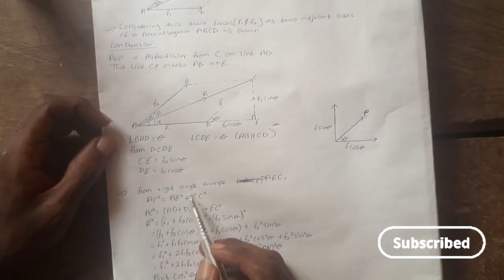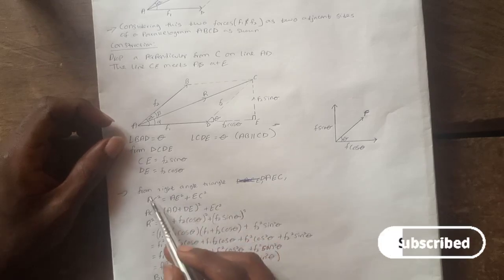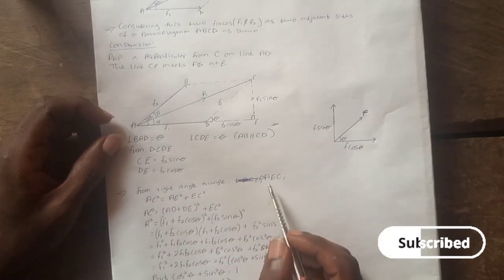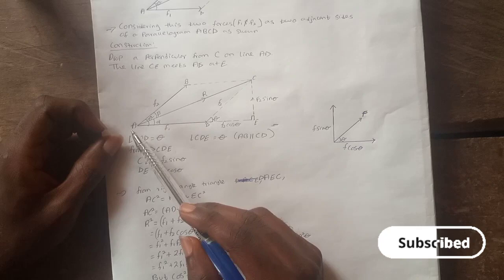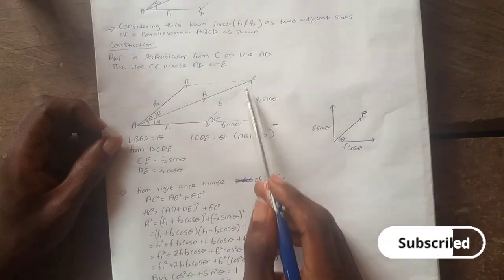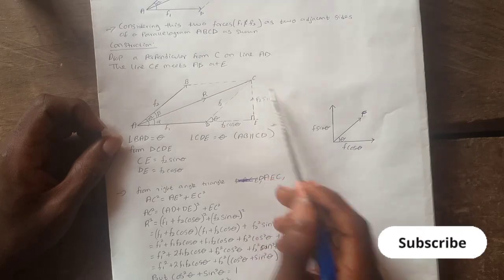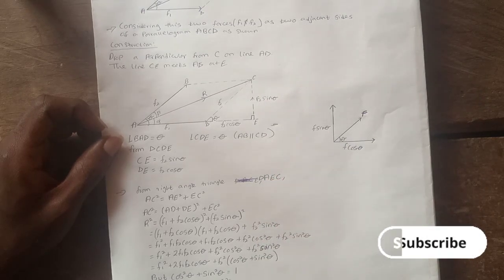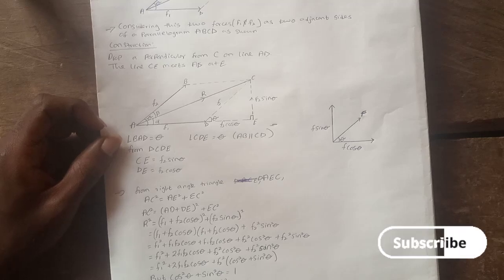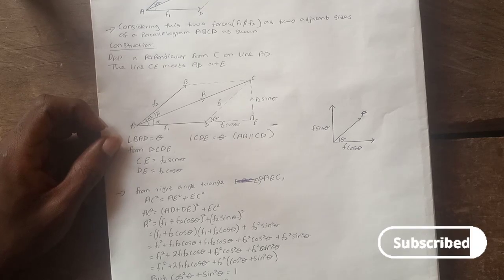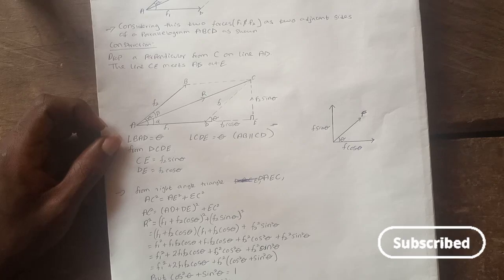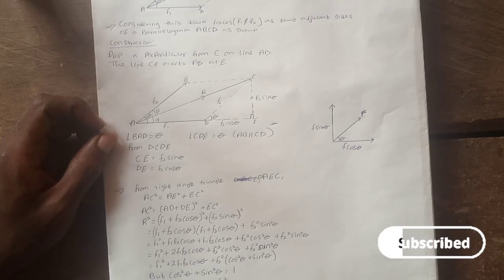Then from the right angle triangle AEC, using Pythagoras, the hypotenuse square is equal to opposite square plus adjacent square.